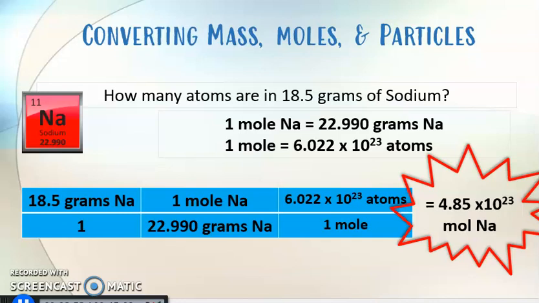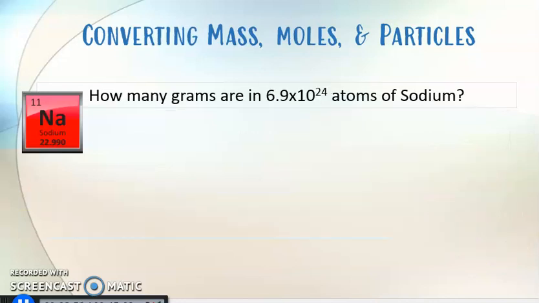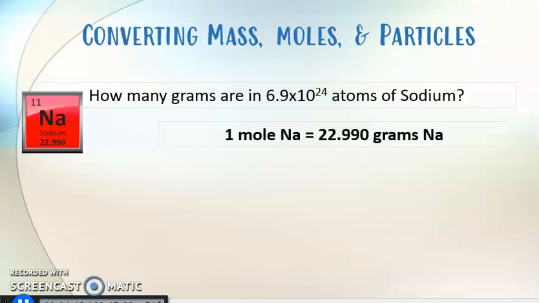Let's take a look at another sample problem. In this case, we're also going to go the reverse direction. How many grams are in 6.9 times 10 to the 24th atoms of sodium? Same process. The first thing you're going to want to start with is your conversion factors, and we do know 2. The first one that we know is that 1 mole equals 22.990 grams for sodium.